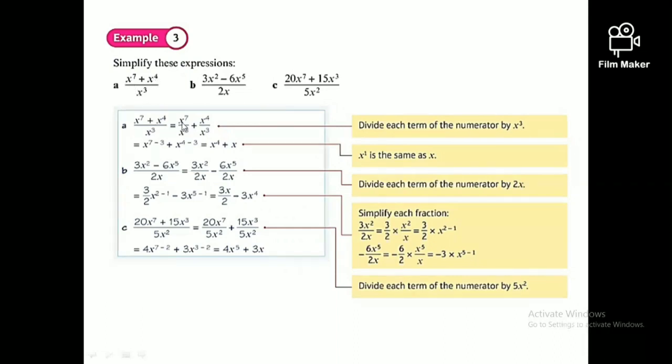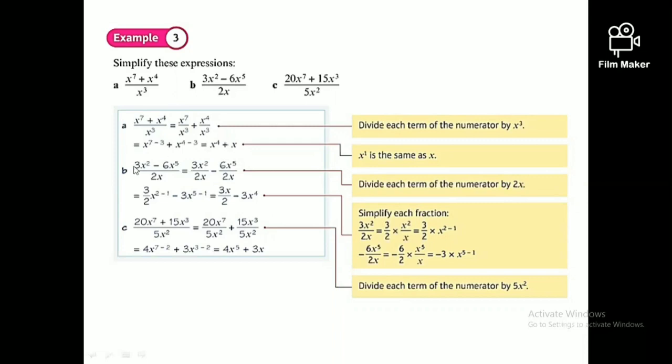Then you can straightforward write x to the power 7 divided by x to the power 3 plus this operation comes over here, x to the power 4 divided by x to the power 3. Then here this division you can write it as a subtraction of powers, x to the power 7 minus 3 plus x to the power 4 minus 3, that is x to the power 1 is x. So your final answer is x to the power 4 plus x, right?